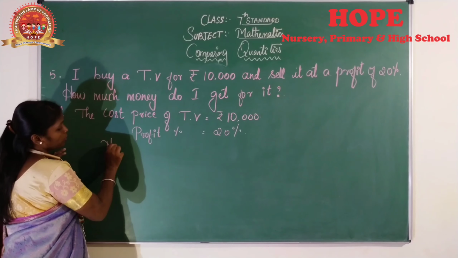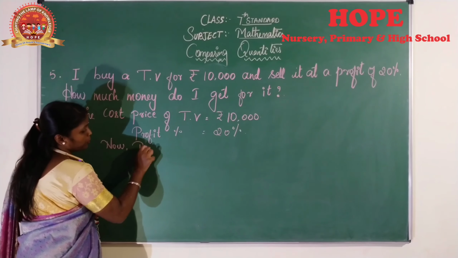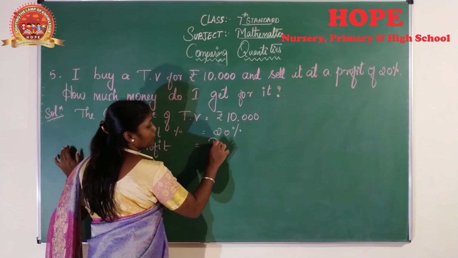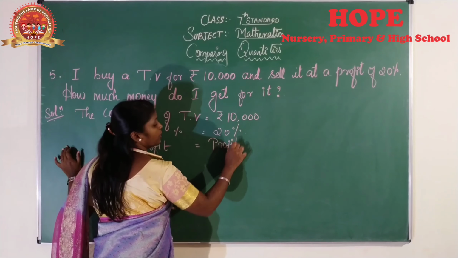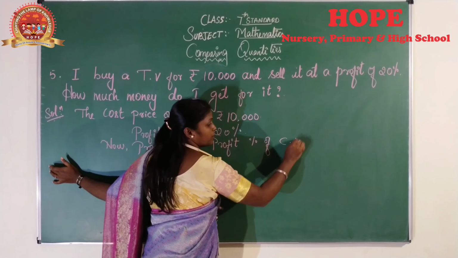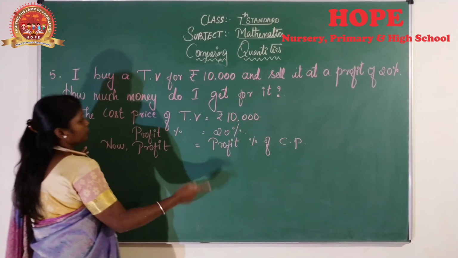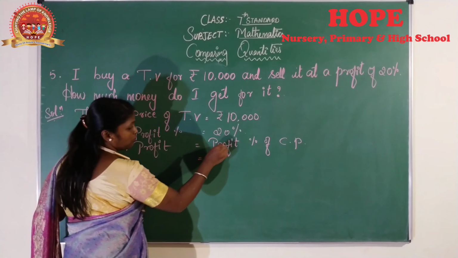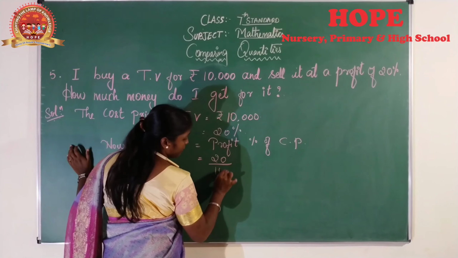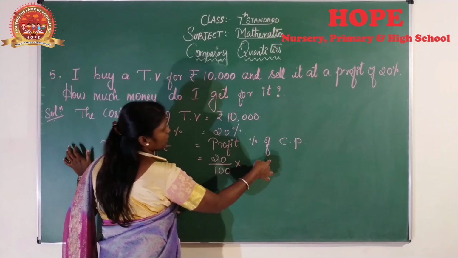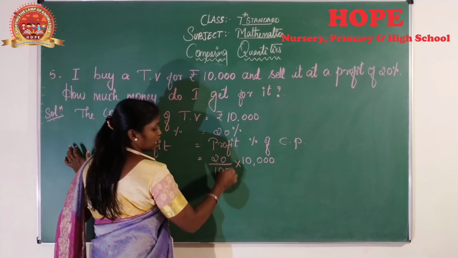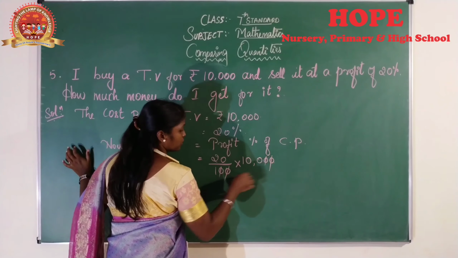So now profit is equal to what? Profit percentage of CP. How are we going to write? The profit percentage is 20 divided by 100 into CP, which is 10,000. So it will cancel out 0, 0, 0, 0.